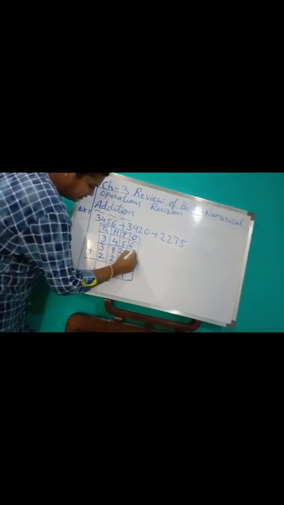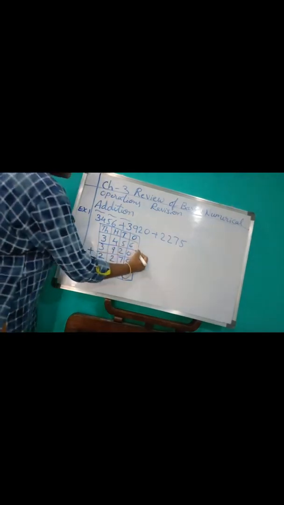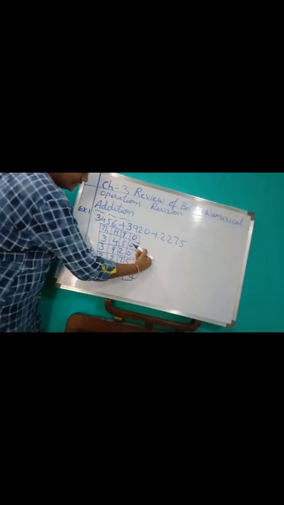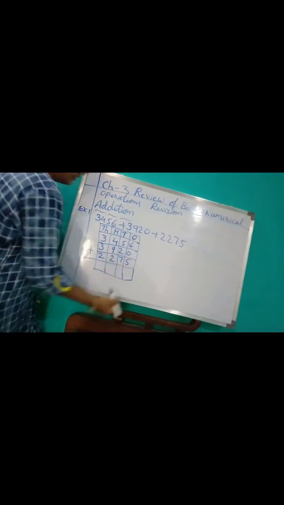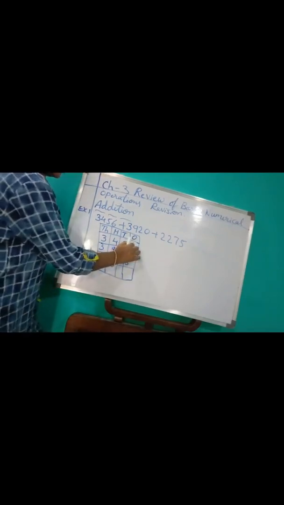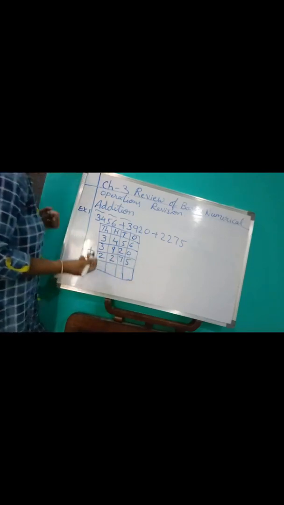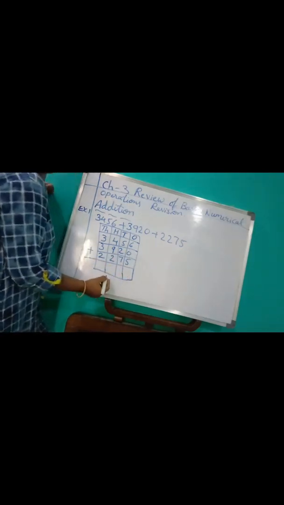See, we arranged like this. After that what you have to do? You should add in the ones place. See, in the ones place here 6, here 0, here 5. 6 plus 0, 6. 6 plus 5, 11. Like that only you should write 11?